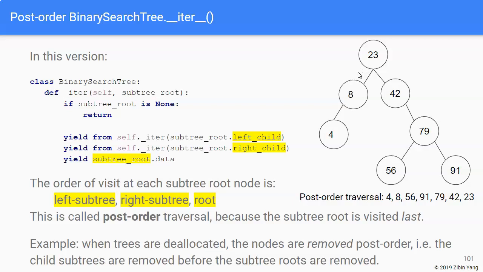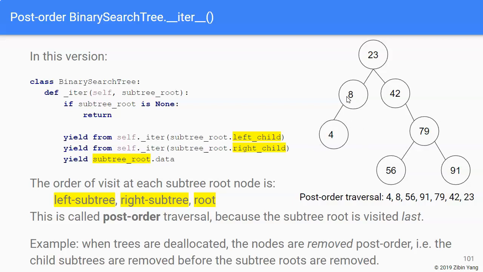If we want to remove all the nodes in a tree, and if we start at the top or the root of the tree, so if the root node is the first node that we are going to throw away, then after we throw this away, we don't have access to the left or right subtree anymore. So we're not going to be able to remove those, right? So removal of a tree cannot start from the top, but instead we have to start from the bottom.